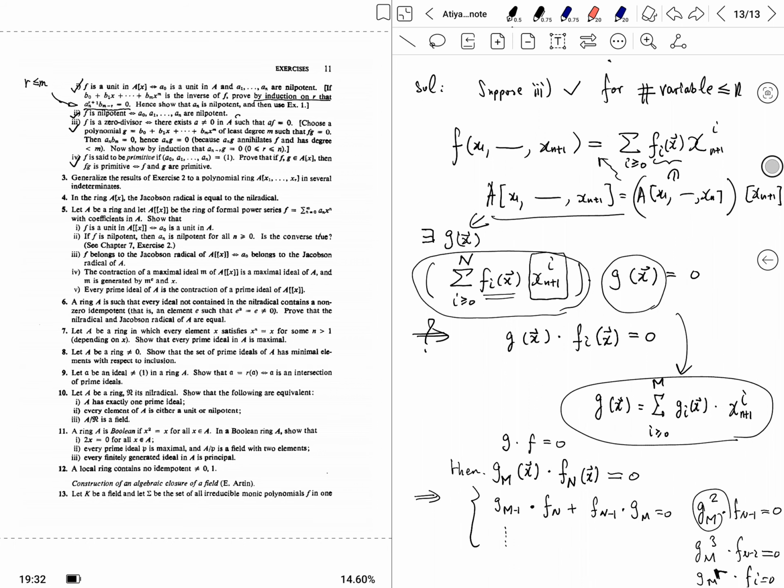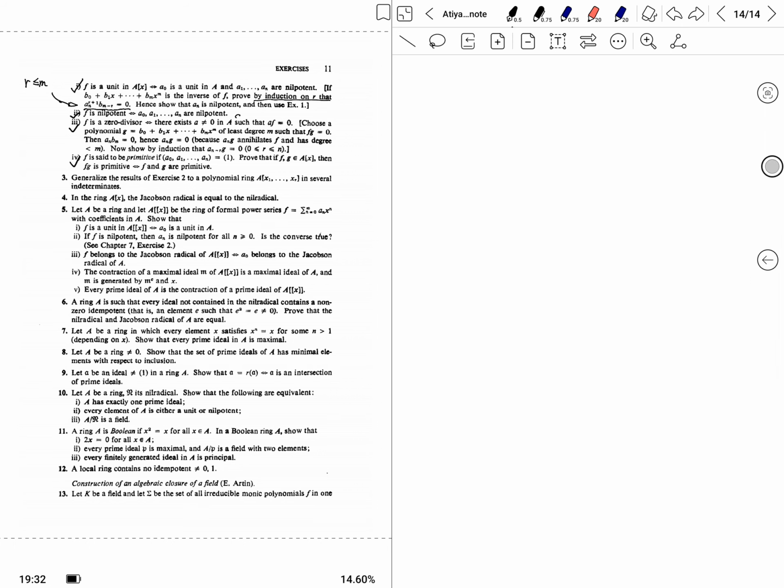But actually we could see it more quickly, which is, I'm feeling I made things so complicated and unnecessary. If there is a g such that this equals 0, if you write this in the form of one variable, just actually, yeah, this is what we talked about, but we are repeating what we have proved in exercise 2.